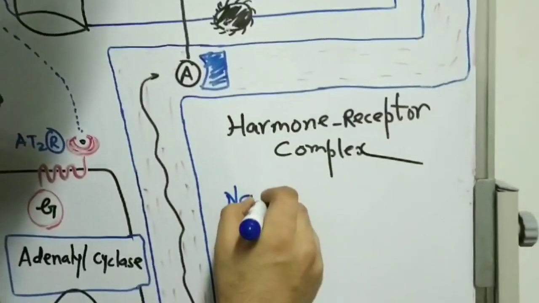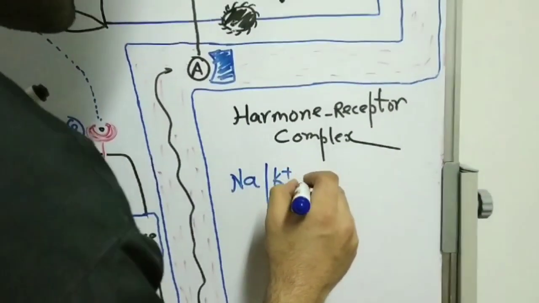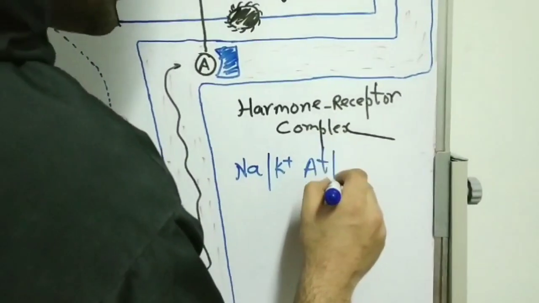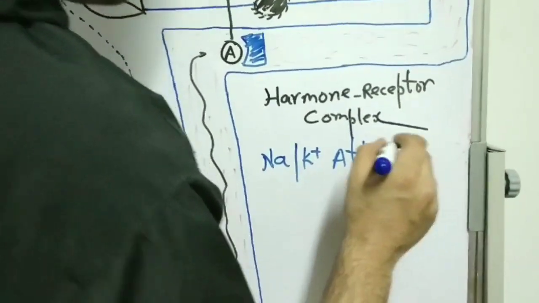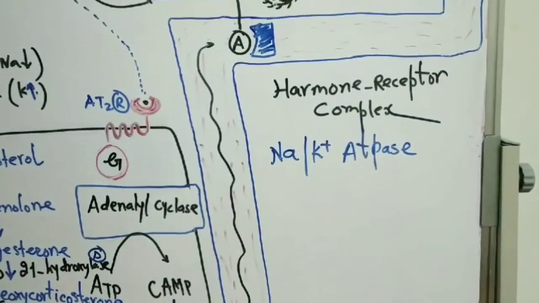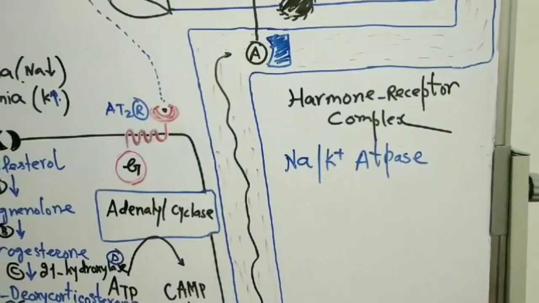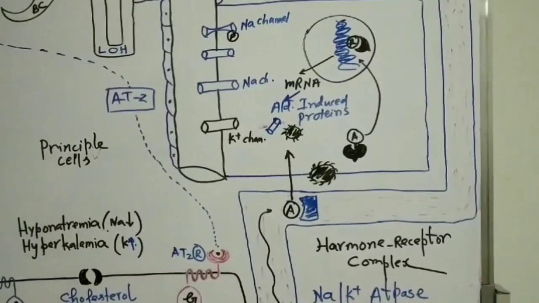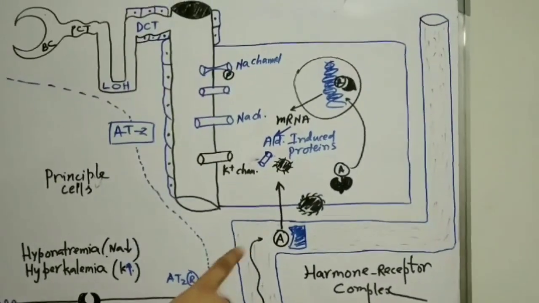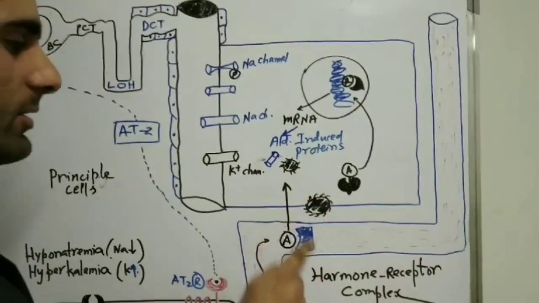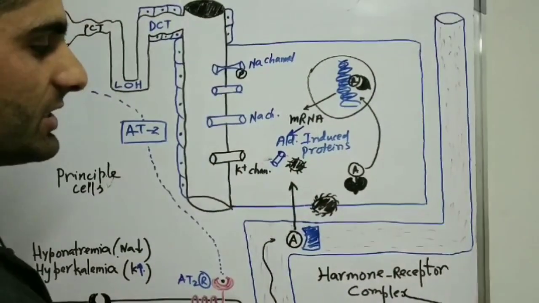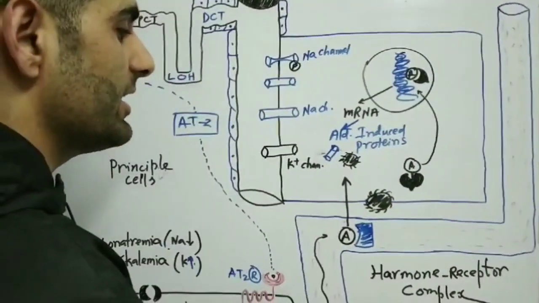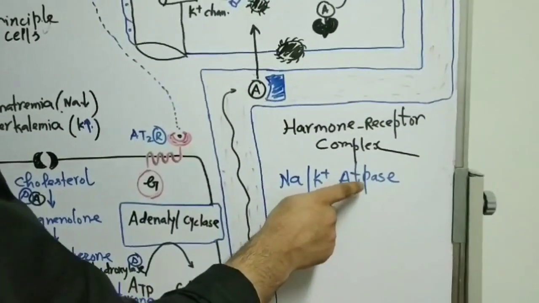Sodium potassium ATPase. Okay. Now this sodium potassium ATPase depends on the ATP, adenosine triphosphate.